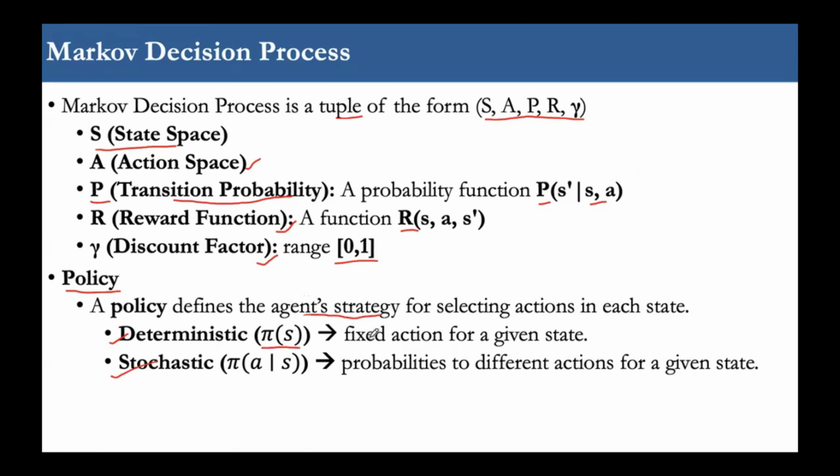It means that it always selects a fixed action for a given state. The stochastic policy is represented as pi of A given S. It means that it assigns probabilities to different actions for a given state.